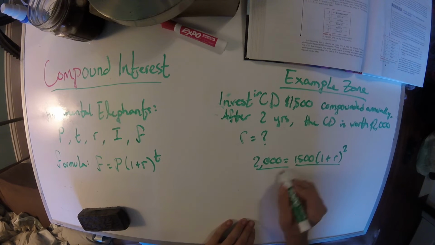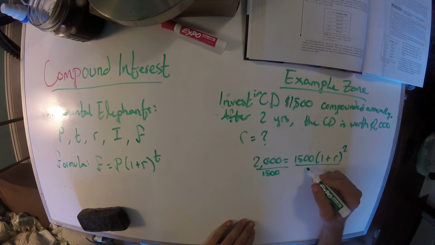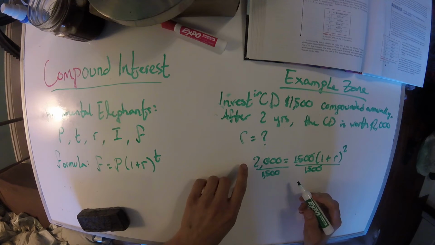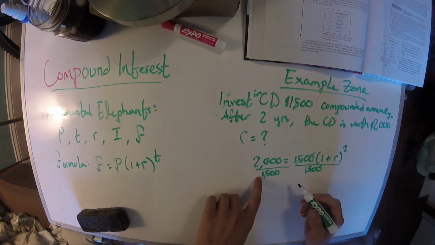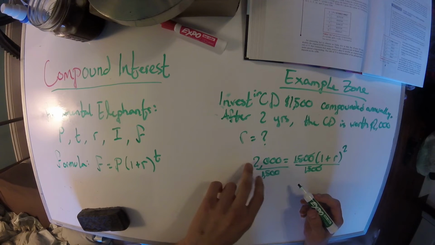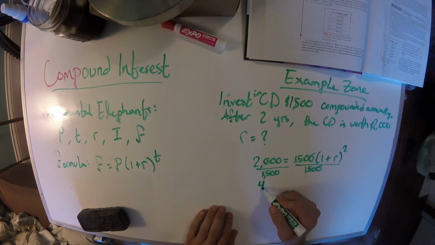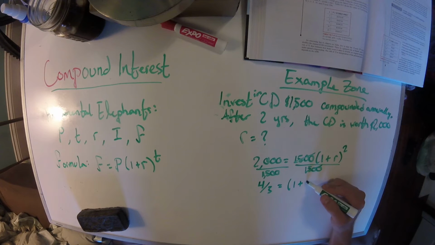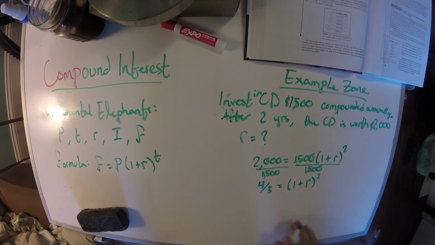So doing that, 1,500, 1,500. Okay, so these two will drop out, and then 2 over 1.5 is the same as 4 over 3, so this becomes 4 thirds right here. And then we've got 1 plus R squared.